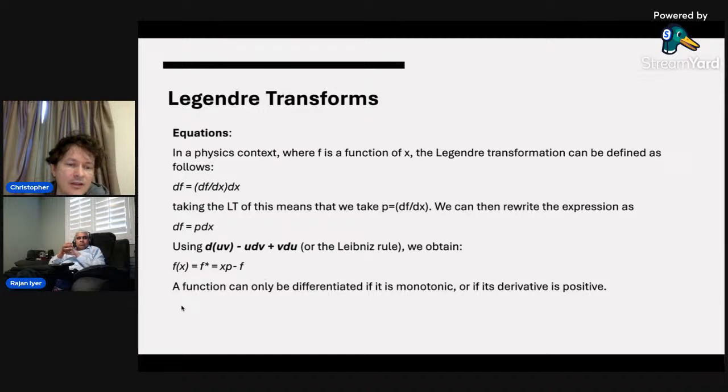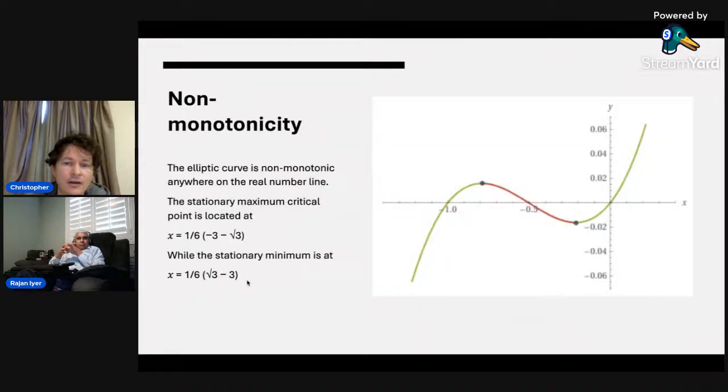This function can only be used if the derivative of the original function is positive, or if the function is monotonic. So let's see if that's the case. We see that the original elliptic curve is non-monotonic on the real line.